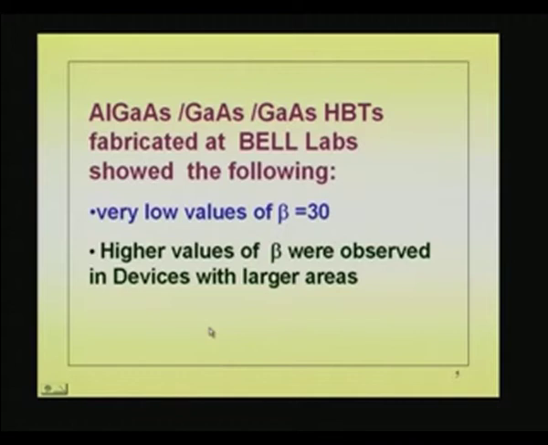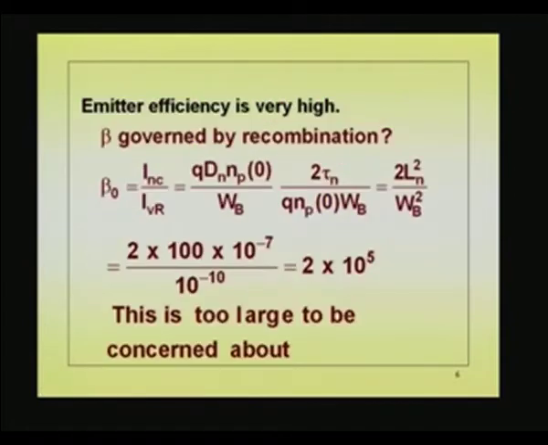We also pointed out last time that the AlGaAs HBTs fabricated in Bell Lab, USA, initially had a beta of about 30-32, and this beta was also dependent upon the area. Going back further, I wanted to see whether it is the volume recombination that is affecting it, because the beta we estimated is only due to the emitter efficiency.